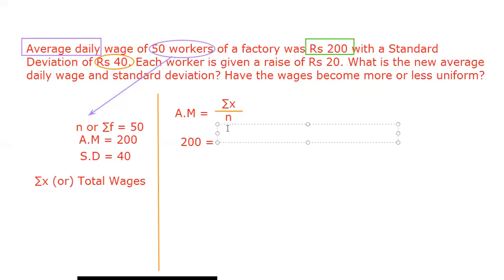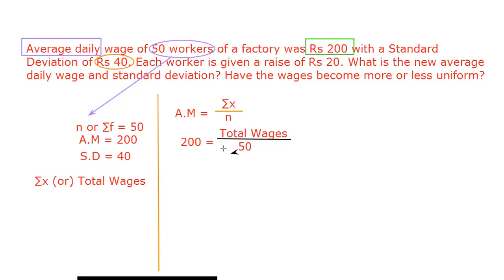So 200 is equal to total wages divided by 50. In our question, 50 is our total number of workers, right? Now easily we can find the total wages.